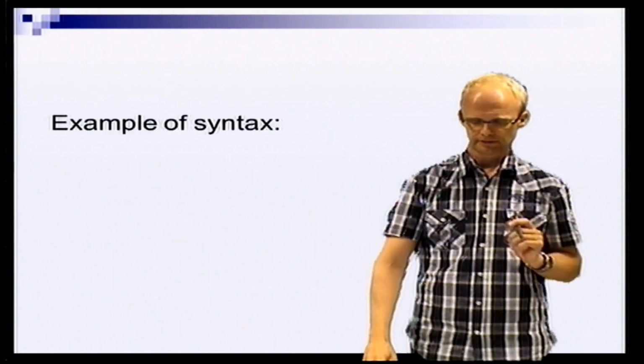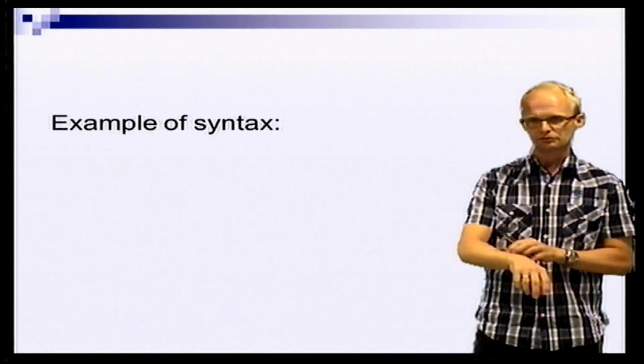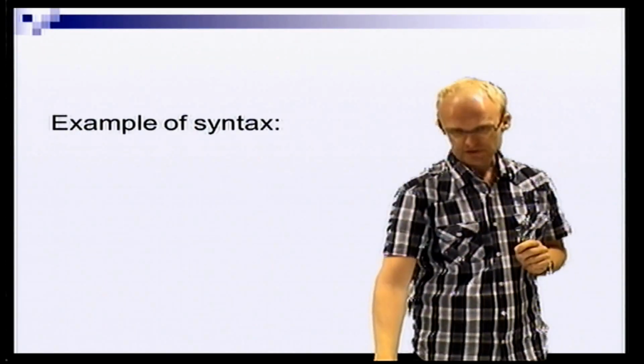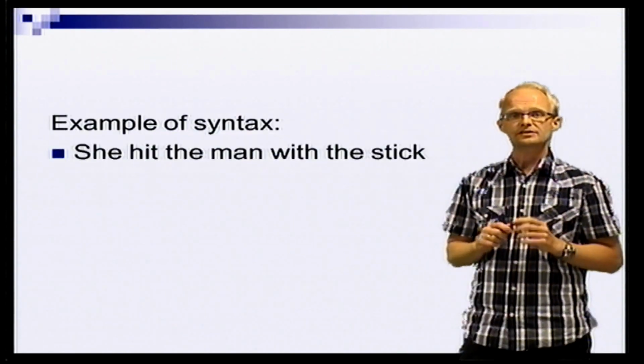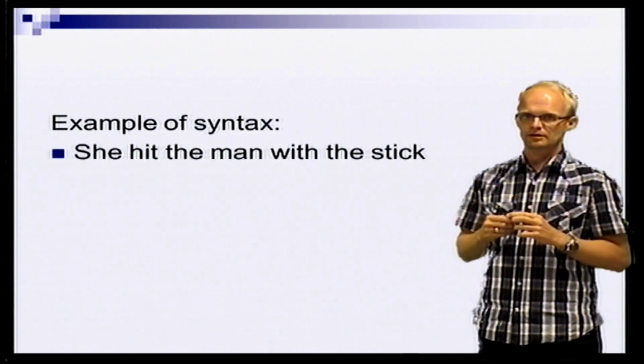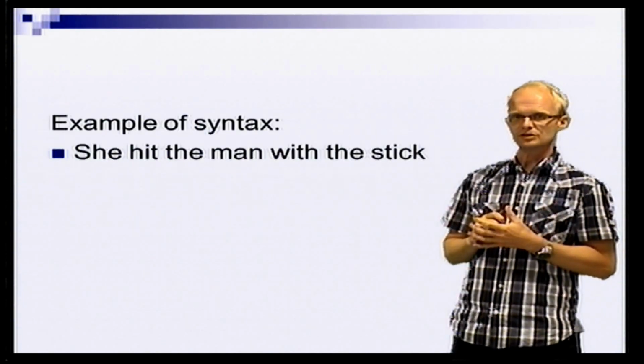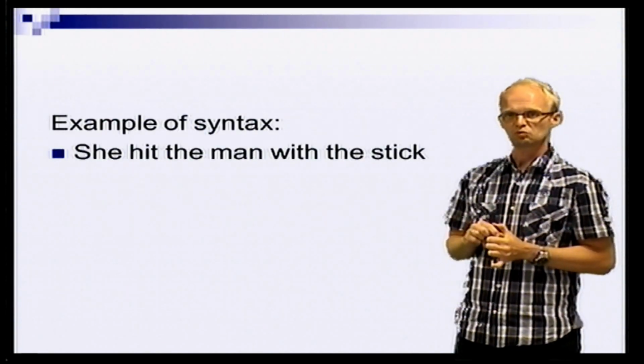Finally, an example of syntax. I picked for you a rather ambiguous sentence: She hit the man with a stick. And when I say ambiguous, it means that the sentence has more than one meaning.